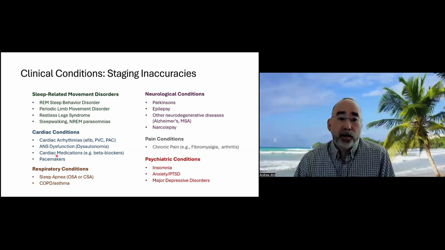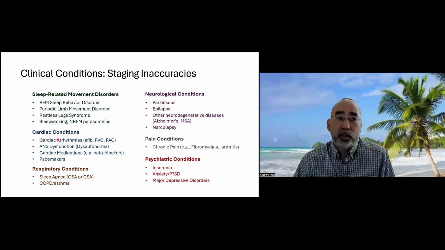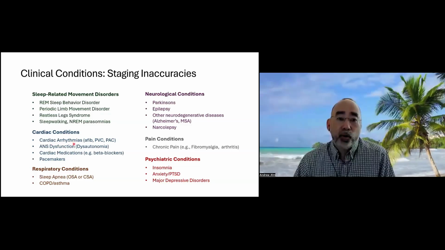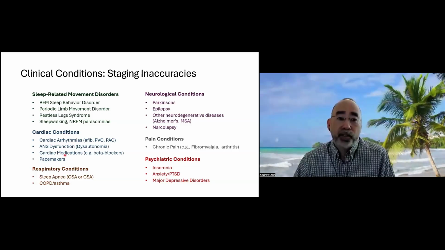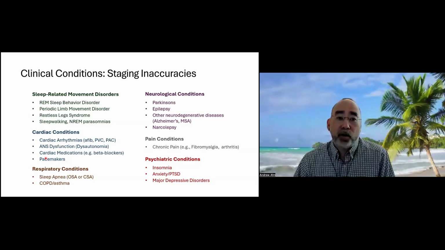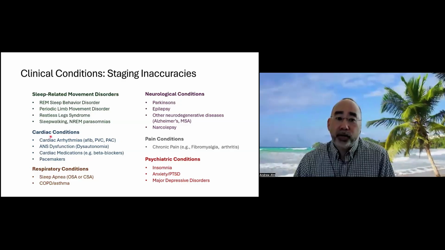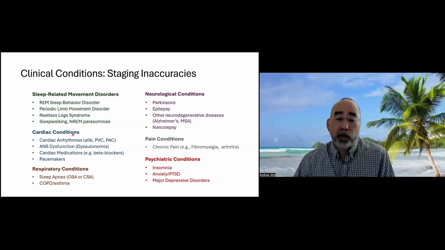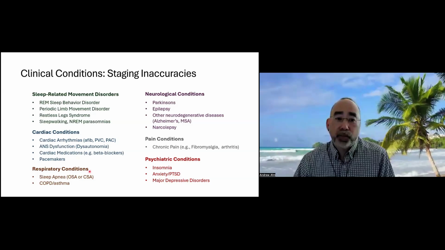The cardiac conditions, again, will rely on heart rate variability, which assumes a normal sinus rhythm. If you have cardiac arrhythmias, autonomic nervous system disorders, or even just have a pacemaker, you're just not going to have the accurate response using these wearable devices.